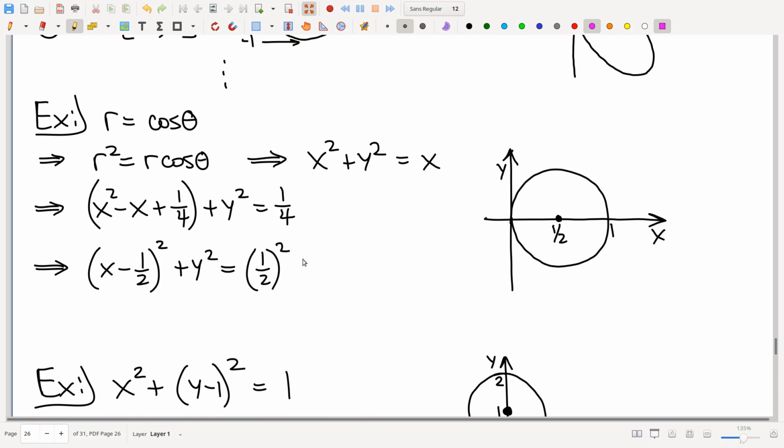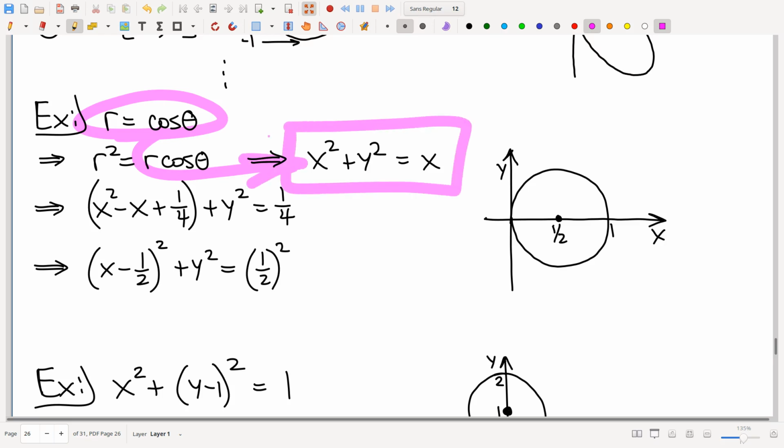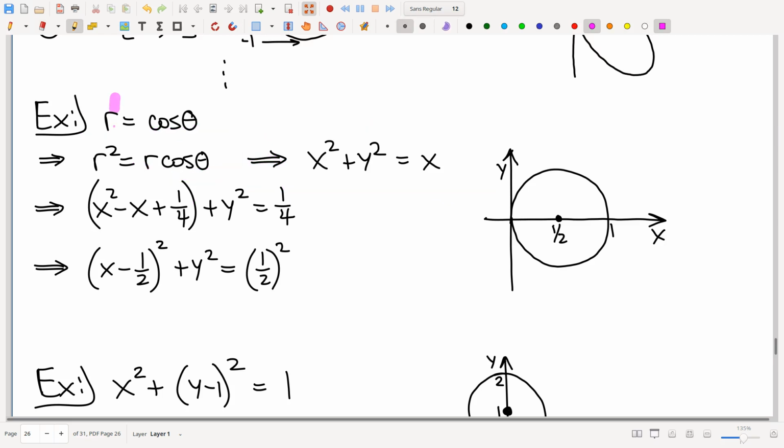This one's a little trickier. But again, I want to convert from polar to rectangular. It's just that this time it's a different trick. You see the r here, and it's very tempting to just square both sides. But the problem is if you get this desired r squared by squaring both sides, then the right side would turn into cosine squared, and I don't know what to do with that in rectangular coordinates.